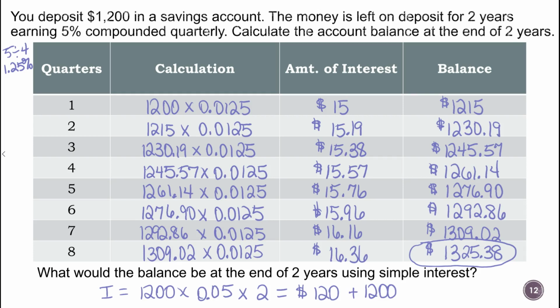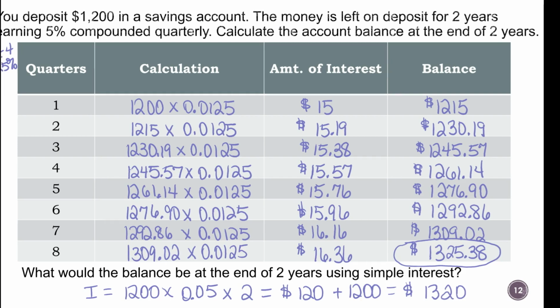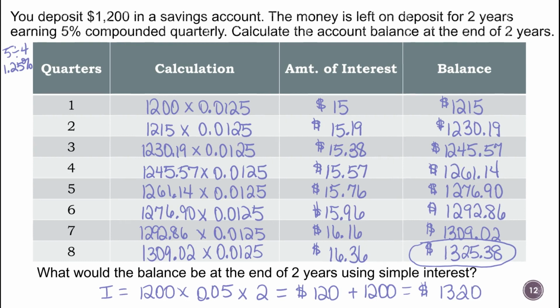And we have 1320 exactly. So the compounding way, we earned an extra $5.38 in that account, and just simple interest would have been $13.20. And that's the end of this video.